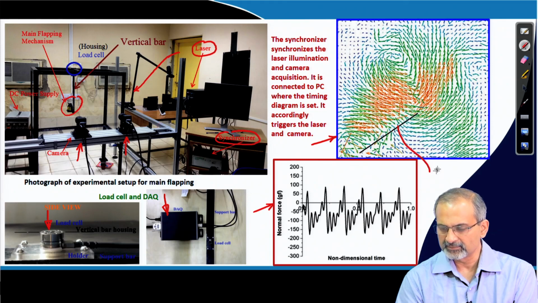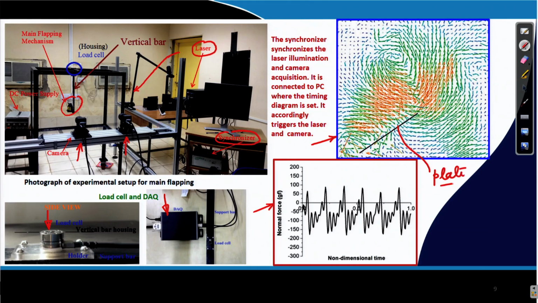So, you can now see this plate, the instantaneous location of the plate is indicated by that dark line, and you can figure out the velocity vectors here, which indicate the vortex dominated flow around the plate. The coloring is based on the velocity magnitudes. The red color region essentially indicates higher velocity magnitudes, and the next higher in strength is the green color, etc.